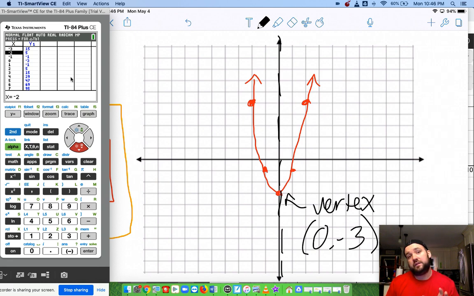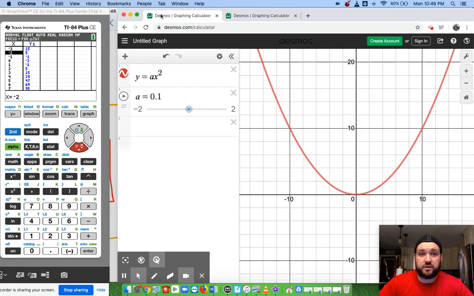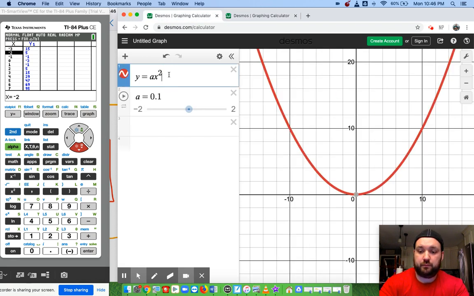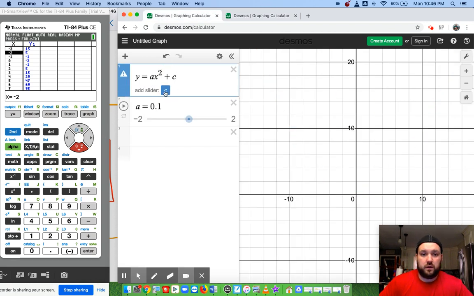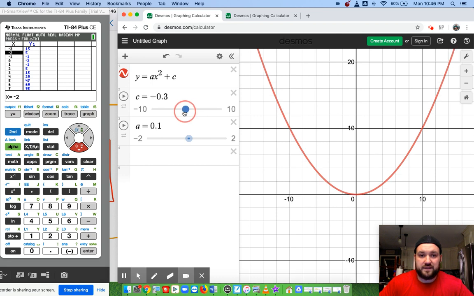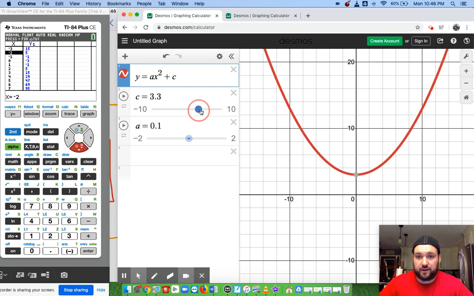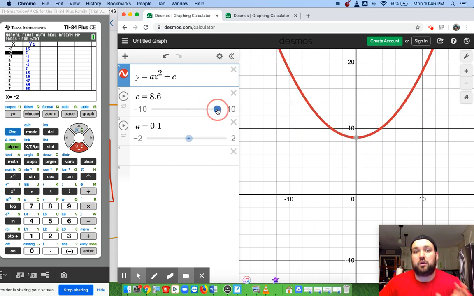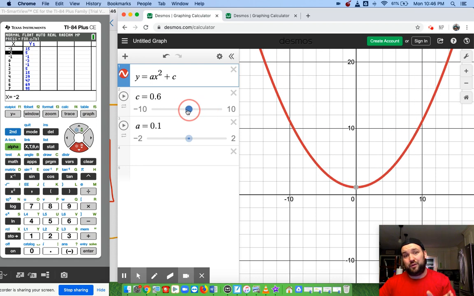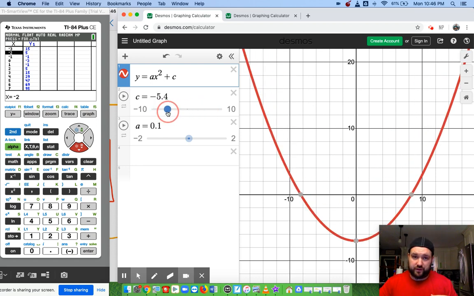So basically what adding or subtracting the 3 does is it just moves the graph down. If I go to Desmos, I just want to show you this quick, and if I put in +c, if c starts out at 0, you'll see that the vertex is at 0, 0. And as I move the c value up, the entire graph is just moving up. As the c value goes to 0 and then to the negative, the entire graph is moving down.